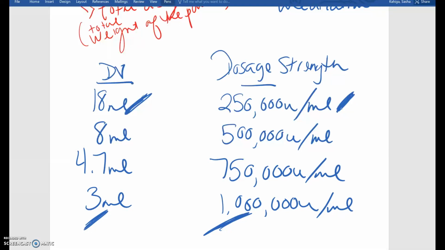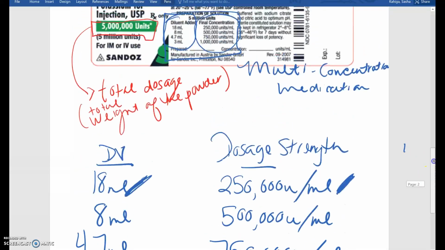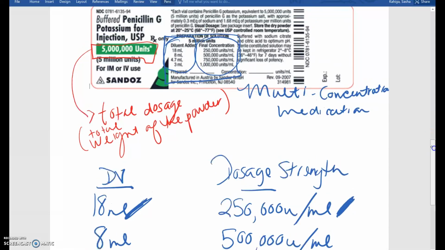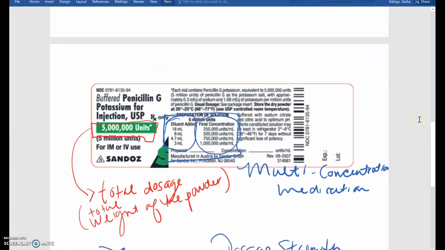The more water you add, the less amount of concentration the medication is going to be. The less water you add, the higher concentration or the highest of the concentration the medication will be. So in this case, like I said before, this is a multi-concentration medication.